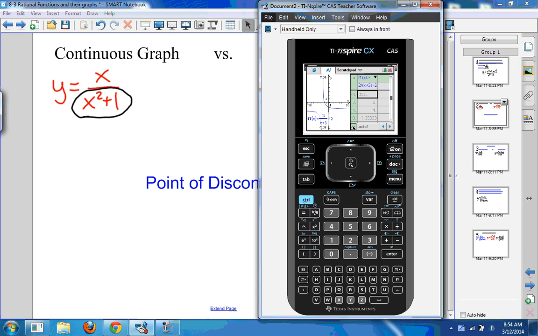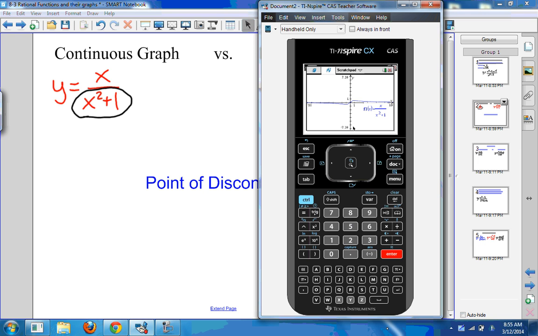So let's look at my calculator here, and let's look at the graph of x up here, and on bottom we have x squared plus 1.